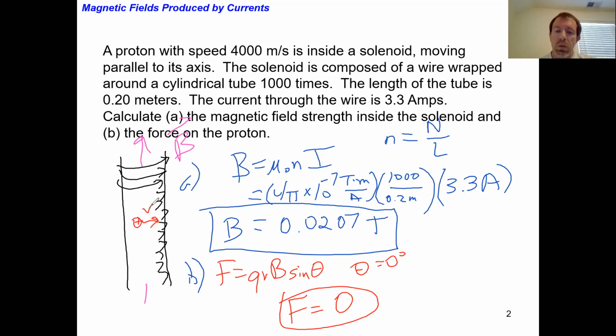And not only could we calculate that force, realizing that F is equal to ma, and I've got something moving around in a circle, F is equal to mv squared over r, I could calculate the radius that this thing moves in. That's actually what we asked you to do for one of the more complicated problems that we gave you this week.